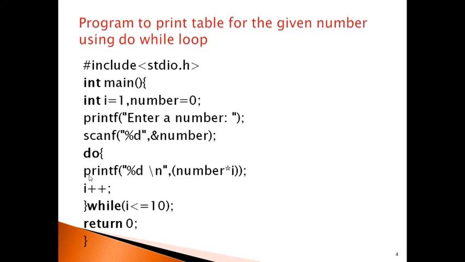Initially i value is equal to 1, and the condition is i less than or equal to 10, so up to the 10th iteration the do while loop is repeated. This is the program to print the table for a given number using the do while loop.